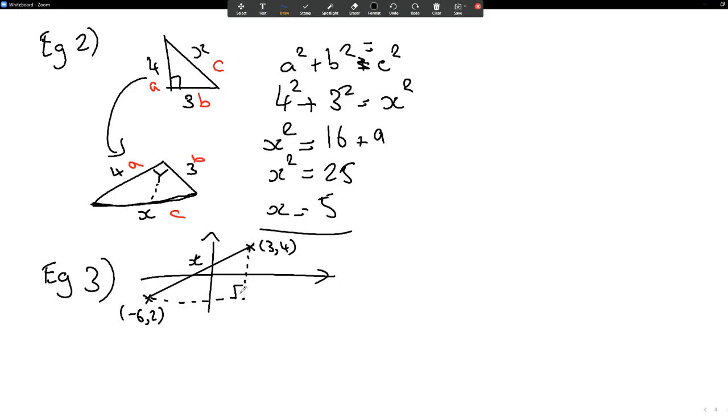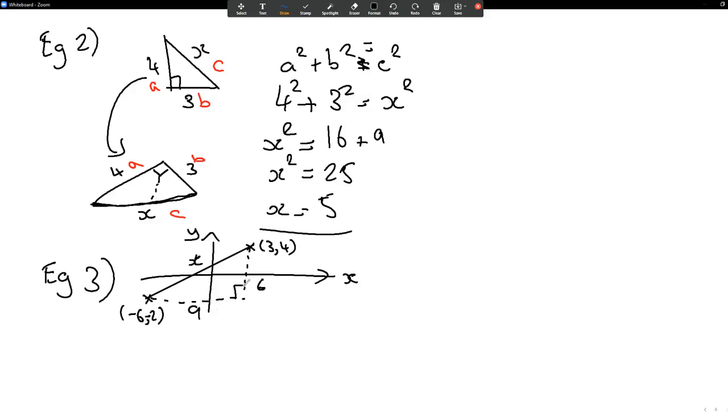If we consider the height of this triangle, which will be this y value minus this y value, so that's 4 minus 2. I've actually written this wrong. This should be minus 2, right? Because it's underneath the x-axis, my bad. So it's 4 minus minus 2, which will be plus 2, so that's 6. And then we get 3 minus minus 6, which is 9, like that.